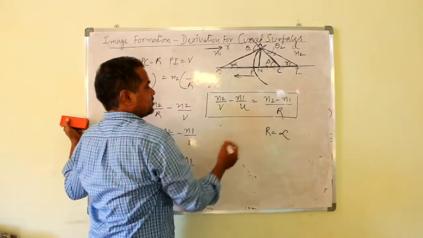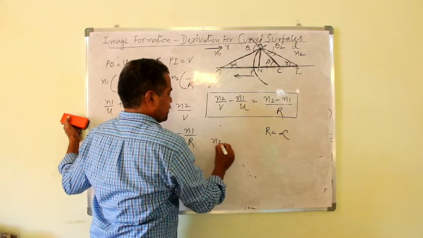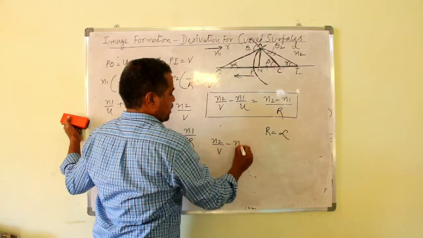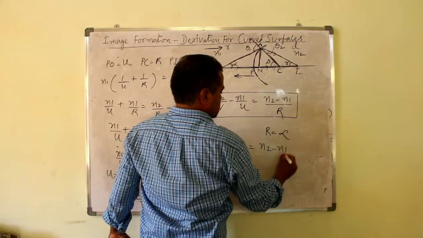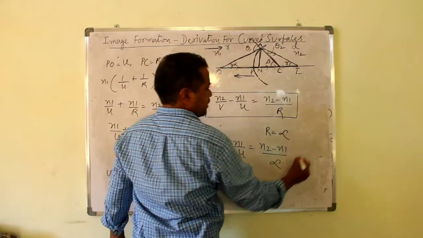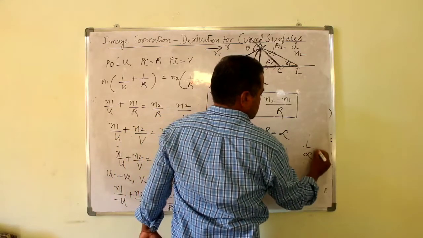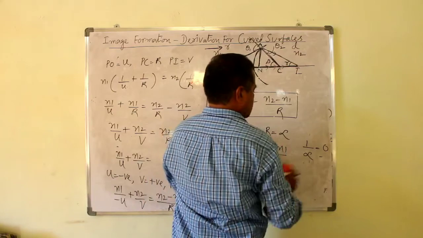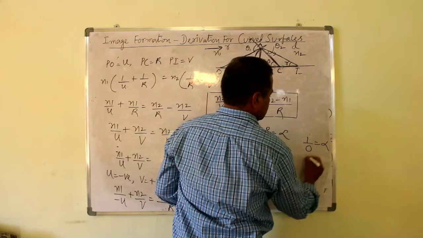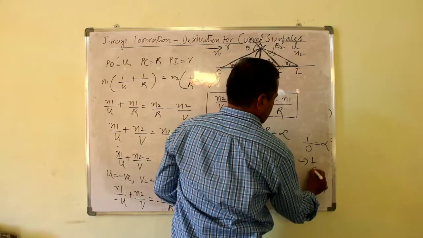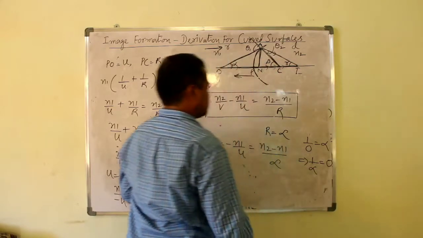Substituting this value in the equation, we get n2 by v minus n1 by u is equal to n2 minus n1 by infinity. According to mathematics, 1 by 0 is equal to infinity, from which we can derive that 1 by infinity is equal to 0.